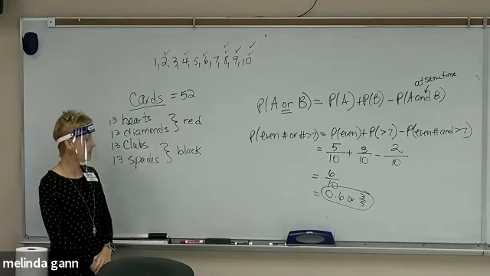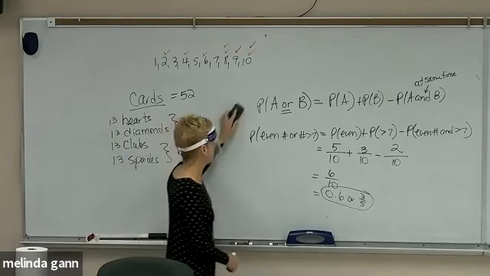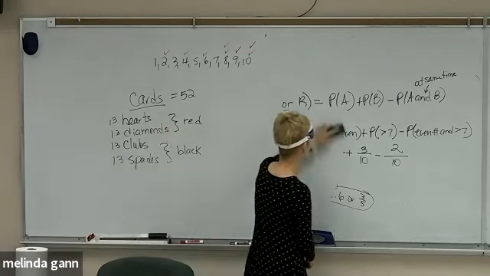Now, they talk about face cards. All right, face cards are the ones that have what they think of as a picture on it. So if your book or my test talk about a face card, they're talking about like a jack, a queen, or a king.